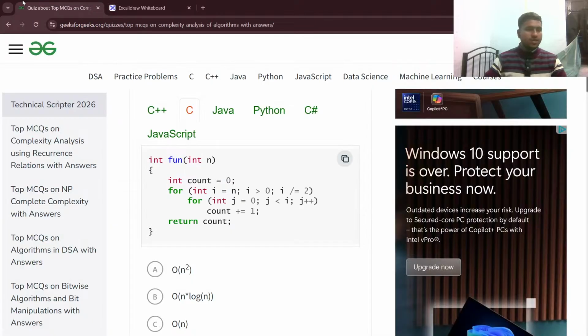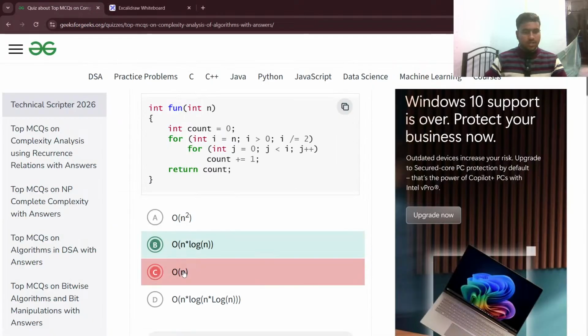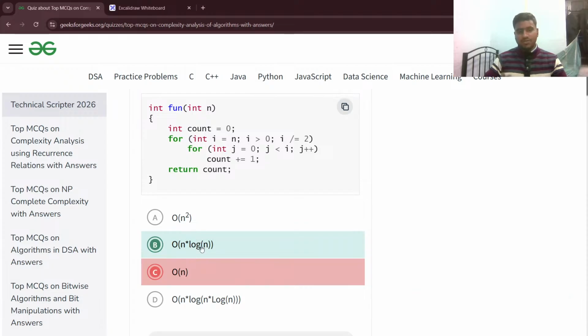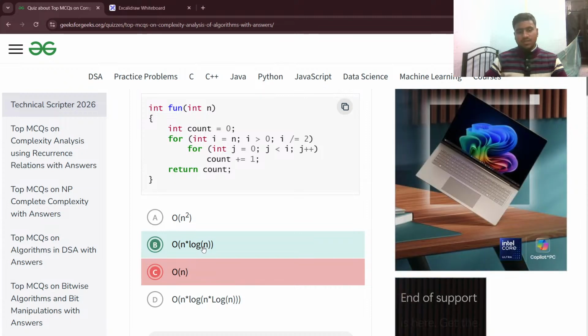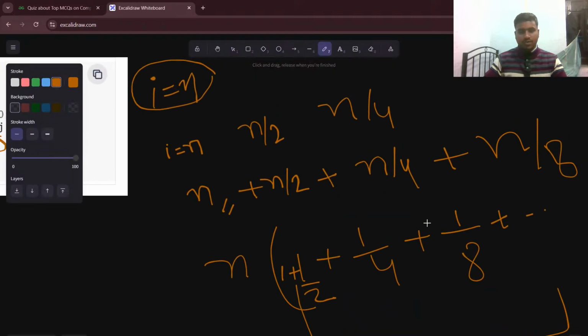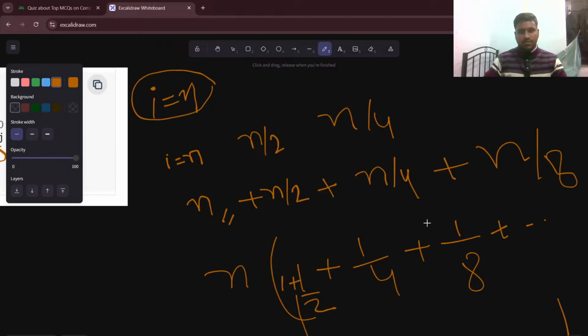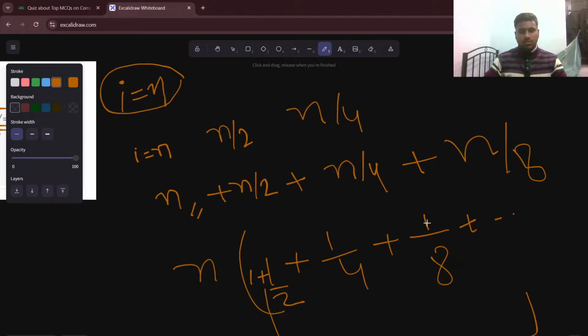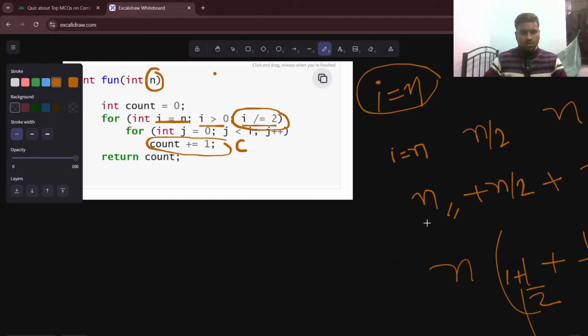So let's check. Yeah, it is. But here we got n into log n. So how do these functions work? Let me check it once. If n is common, then 1, 1 by 2, 1 by 4, actually j is equal to n.